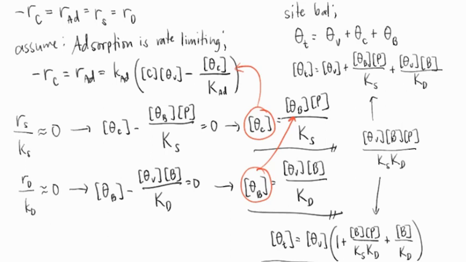So the last thing that we have to do is to substitute theta V both into the definition of theta B and into our overall rate law.